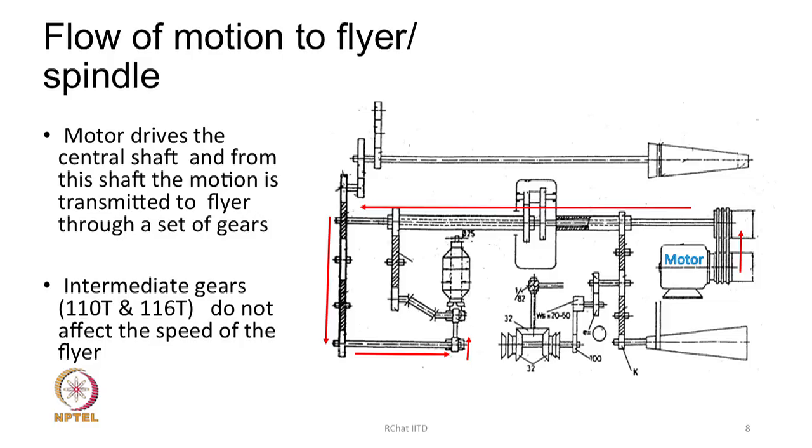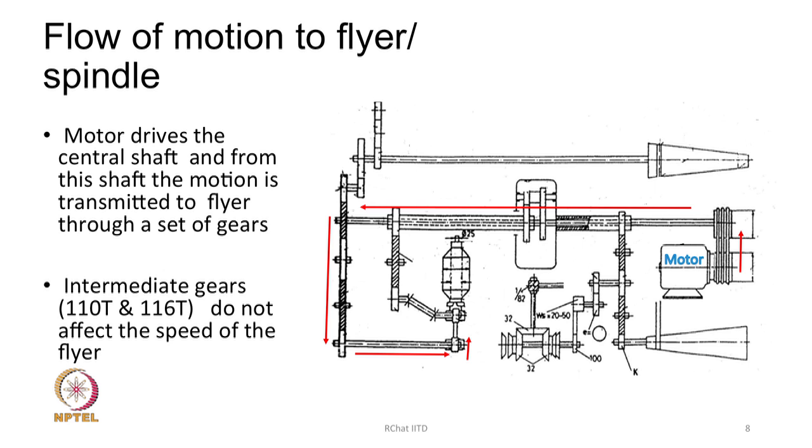Flow of motion to the flyer, if we try to understand here, look at this, follow the arrow, we will see how the motion is going. In a typical case, we are showing here how the motion is going from the motor to the flyer. The path is shown by these red arrows: motor pulley to the central shaft.